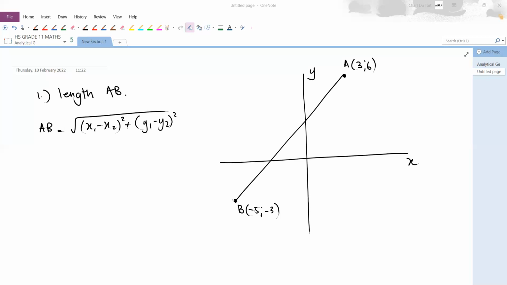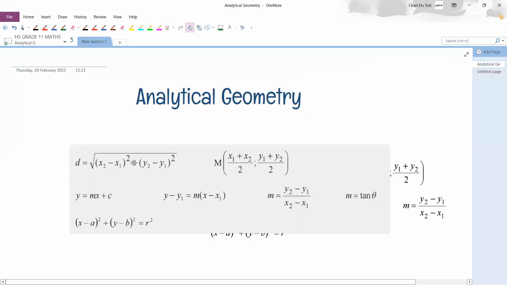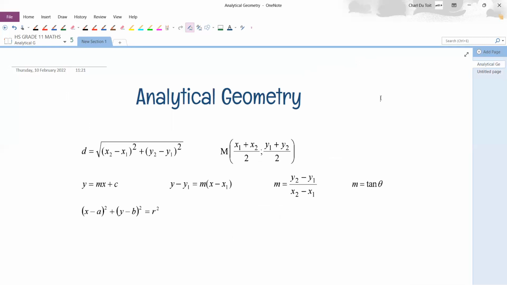Okay, I'm going to copy this section out of your formula page to get those. Okay, look at this. This is all the formulas you need. This last one here is grade 12 circles. You're not going to use that in grade 10, grade 11.